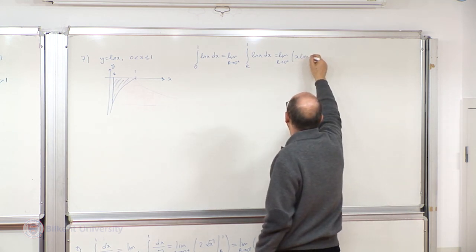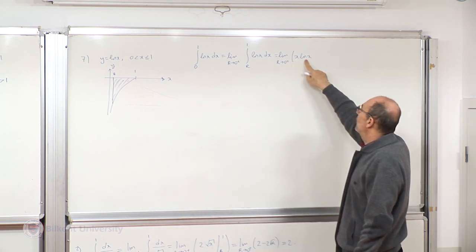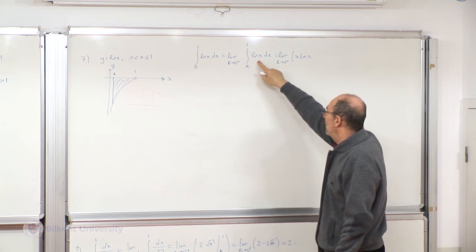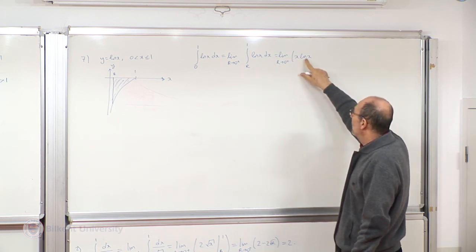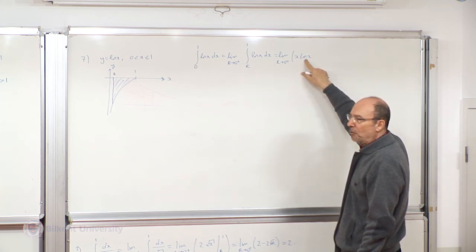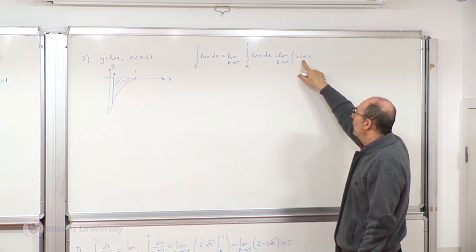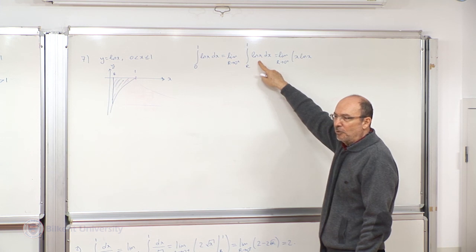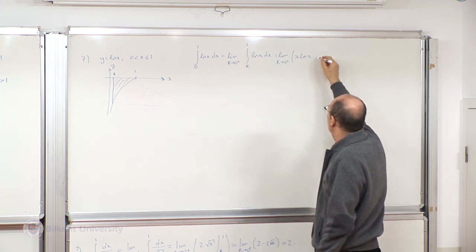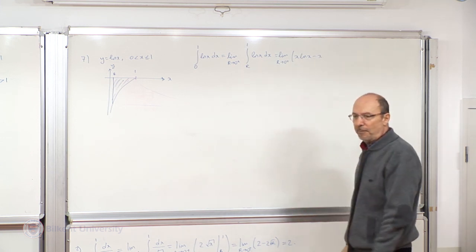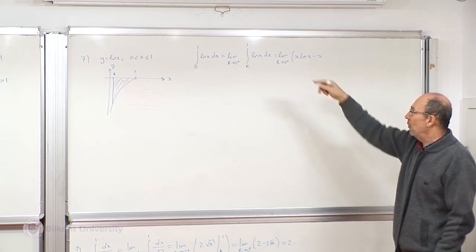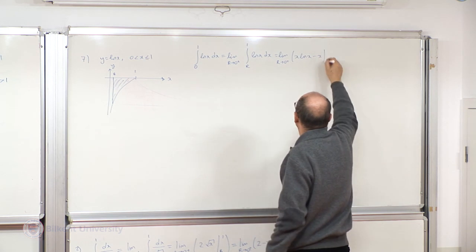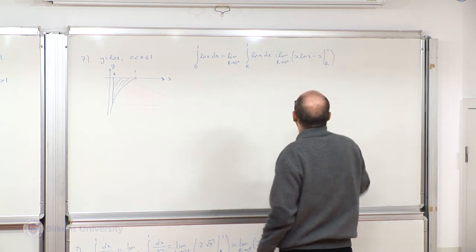So for ln x, the derivative of x ln x gives me ln x, plus x times 1 over x, which is 1. Now I have to get rid of 1, so I subtract x. Now I take the derivative of this and you get ln x. So this is from r to 1.